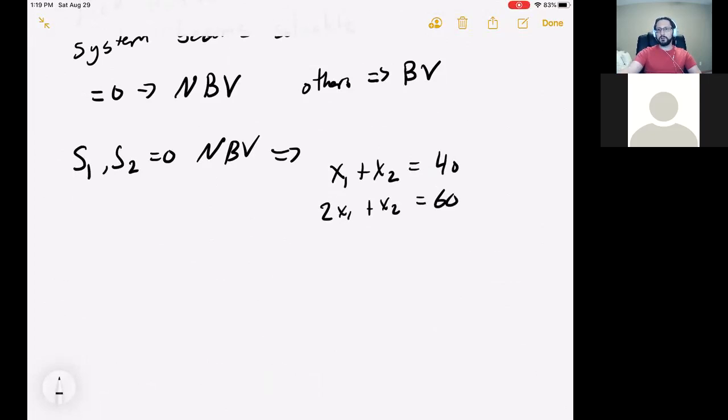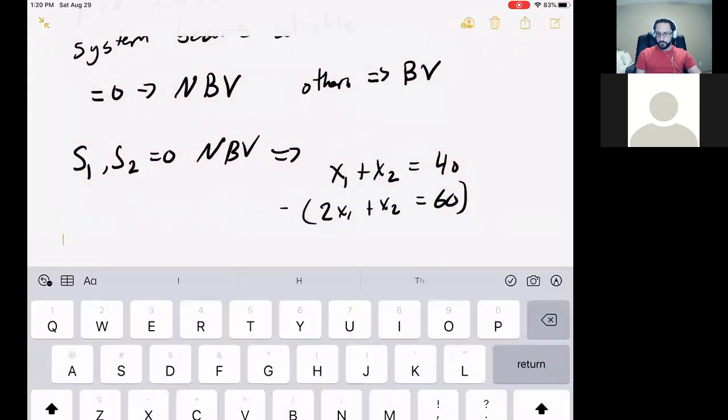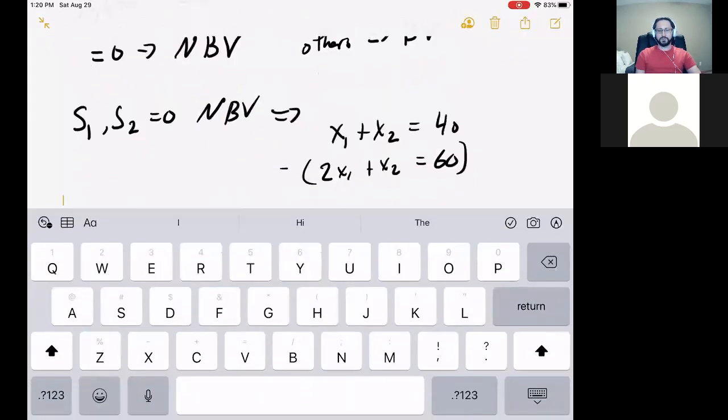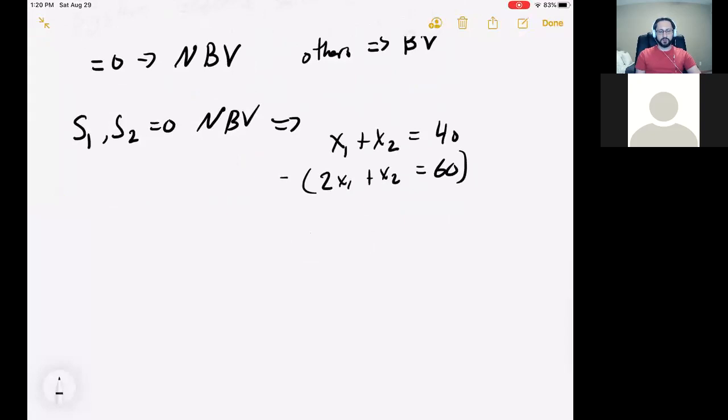Now I am free to use the regular technique of solving systems of linear equations in order to find these other two values. I think on this one in particular, I'm going to subtract one equation from another. By doing this particular subtraction, I'll cancel x2 and be able to find x1.